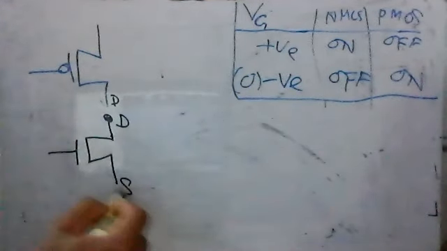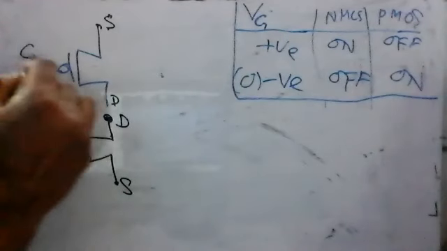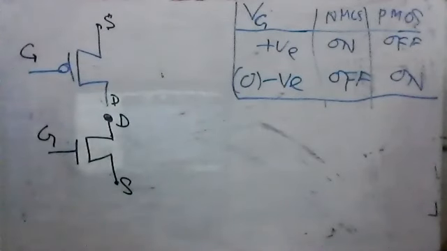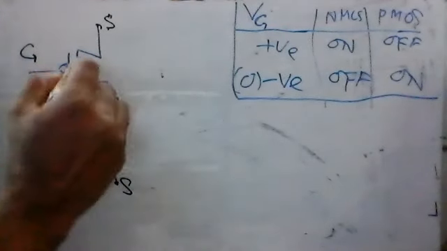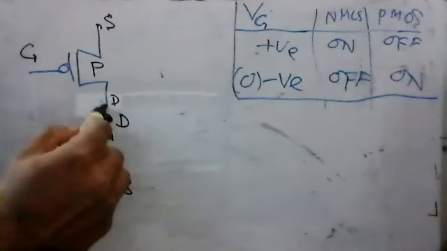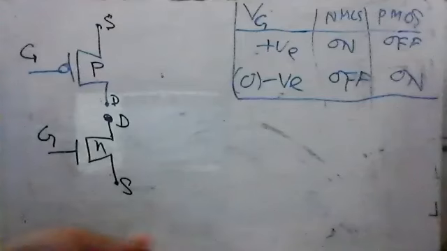So we know this is a drain, and this is a drain, this is a source for NMOS, and this is a source for PMOS, and this is a gate. This one is also a gate. So the two transistors, this is P, and this is N, PMOS and NMOS, are connected almost in series, side by side, one at the top and one at the bottom.